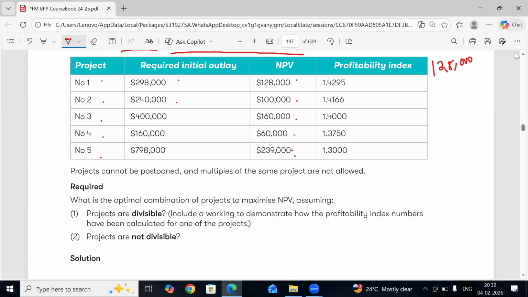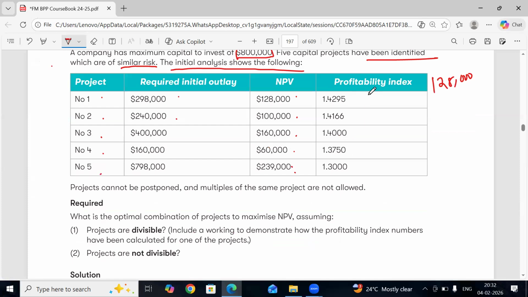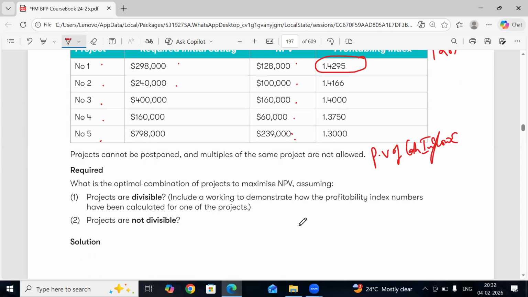Now, can anyone tell me how to find out the PI of this amount? Anyone in the class, please. We want present value of cash inflows. See, what is NPV? NPV is equal to present value of cash inflows minus initial outlay.